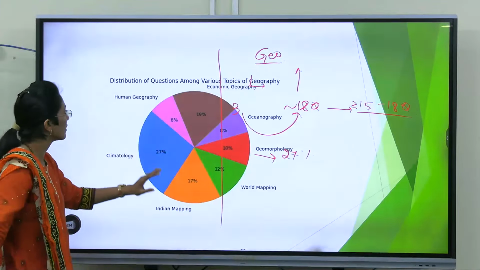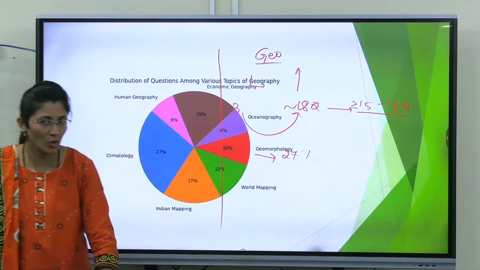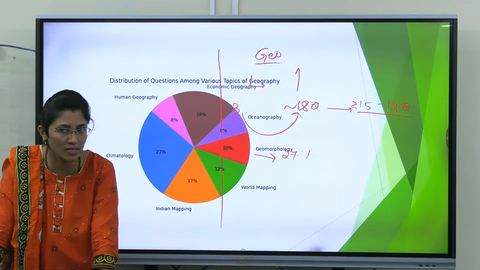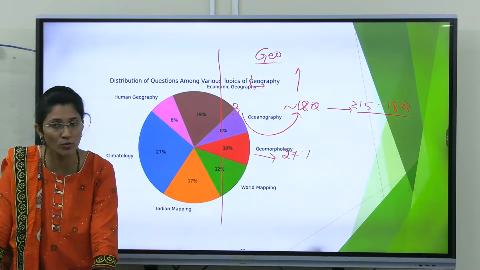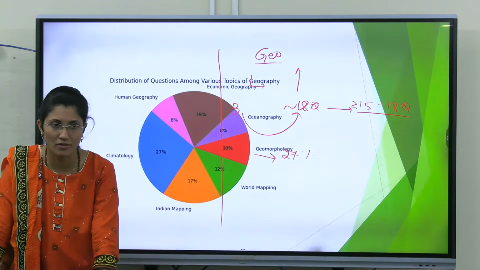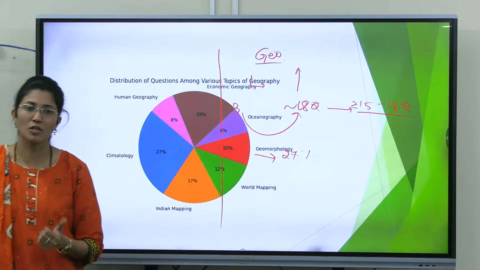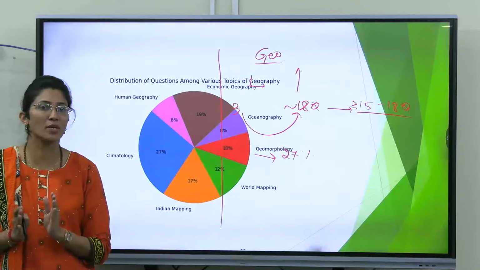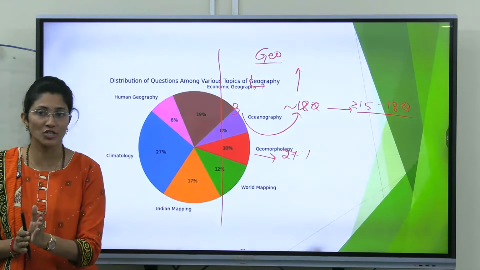Next, human geography. What topics do you have to prioritize to study under human geography? First thing, see, human geography has overlapping with environmental geography. It has overlapping with population related studies.